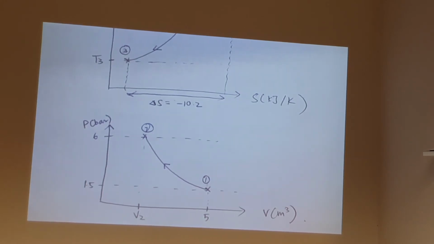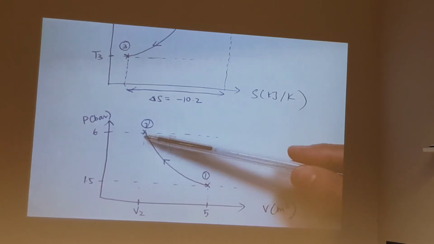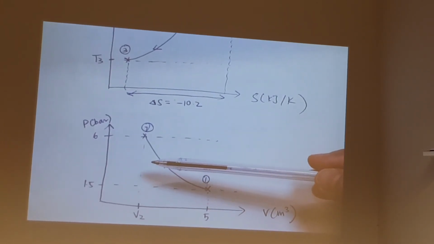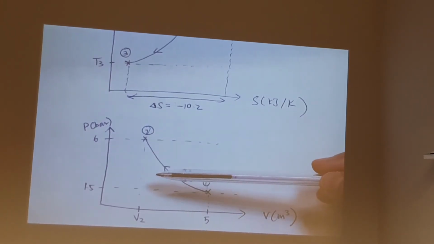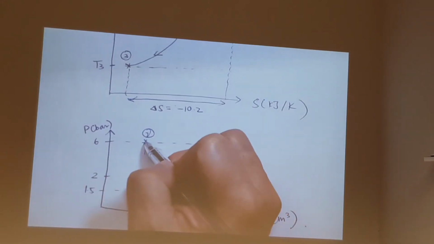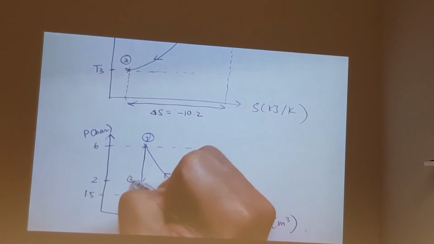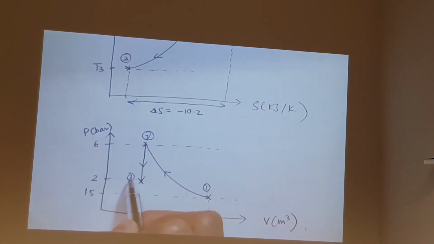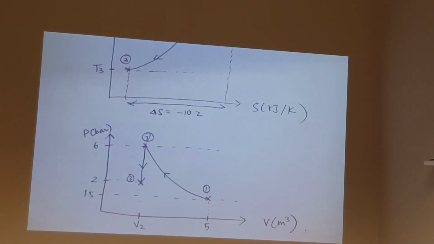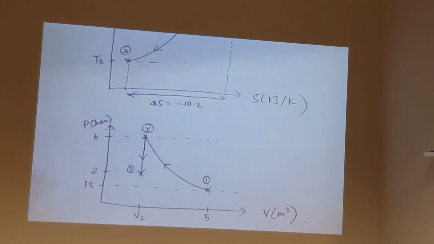So constant volume. Volume don't change. When volume don't change, it must be a vertical straight line. Right? Does it go up or go down? We know because we know that the final pressure is 2 bar. So it has to go down to 2 bar. And because the final pressure is 2 bar, you will go curve up and then go down.